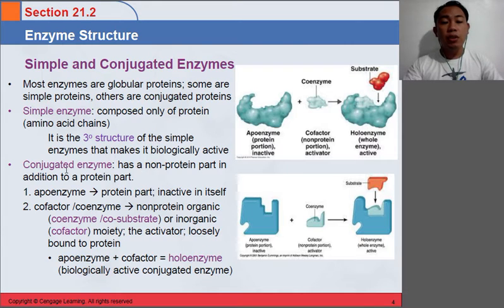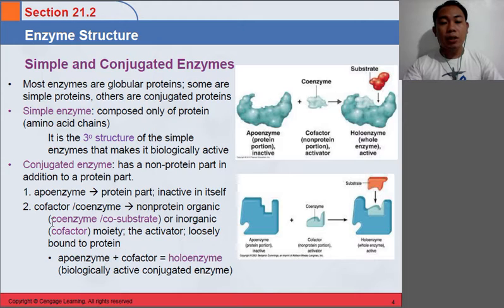We have also the conjugated enzyme. This conjugated enzyme has a non-protein part in addition to a protein part. So here we have the apoenzyme and the cofactor or the coenzyme. When we say apoenzyme, this is the protein part, which is inactive in itself, while the cofactor or coenzyme is a non-protein organic or inorganic moiety, which is the activator and is usually loosely bound to the protein.